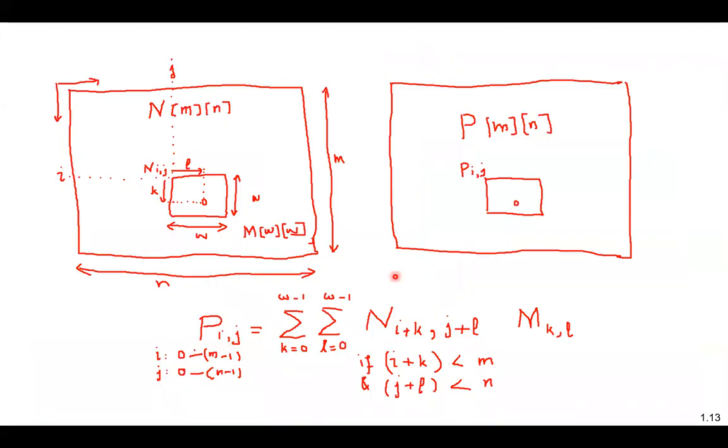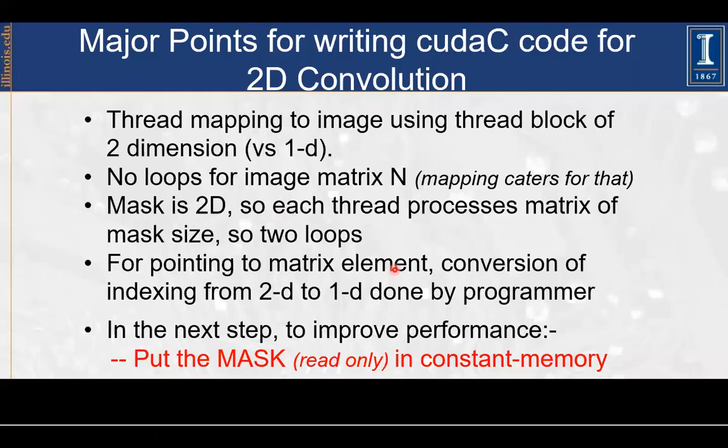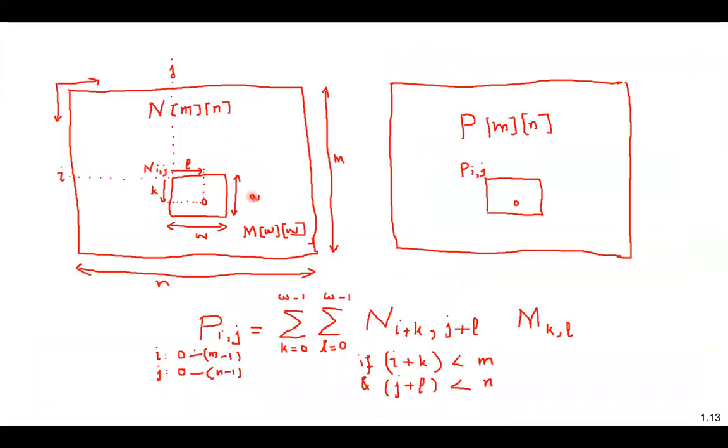Now, for the writing of the code, let me explain what will happen in 2D convolution. Number one, compared to your previous code, what will happen? Okay, first, maybe let me explain it here. In 2D convolution, this is my image, which has a size of m into n.